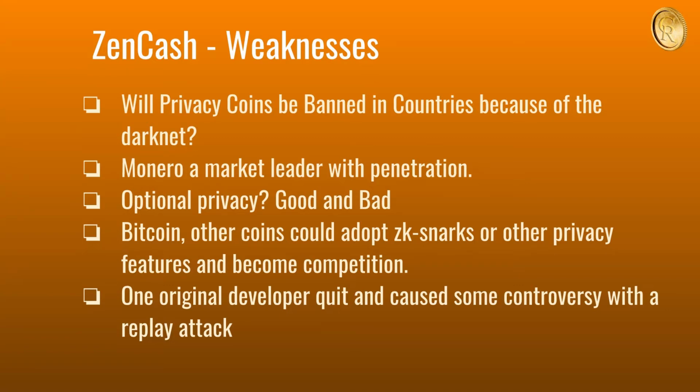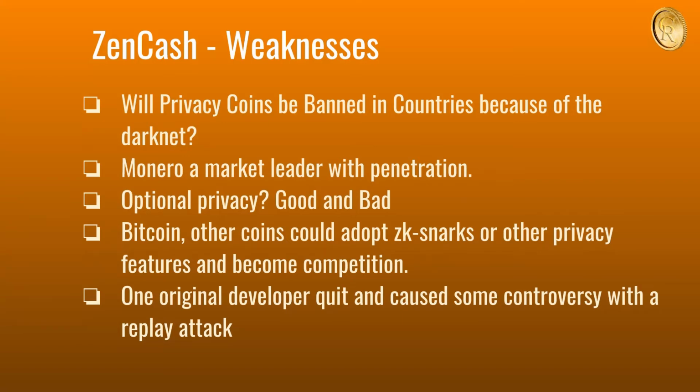Again, we talked a little bit about optional privacy. If it's full-time privacy, a lot of people think that's good, because optional privacy means that someone might accidentally send a non-private transaction. I think the full-time privacies tend to get a little bit more criticism from the anti-money laundering side.